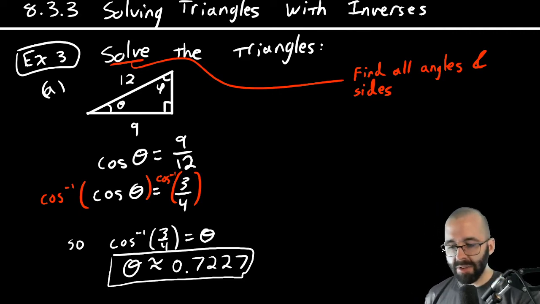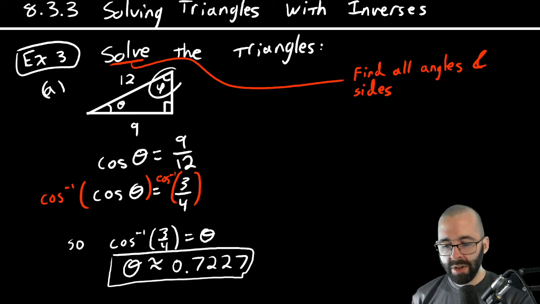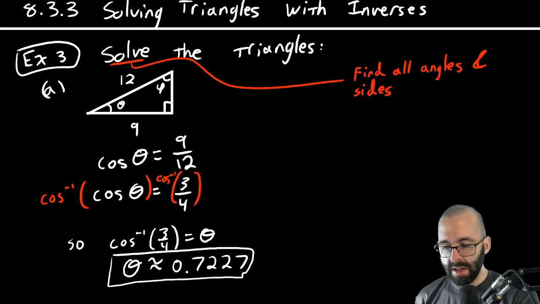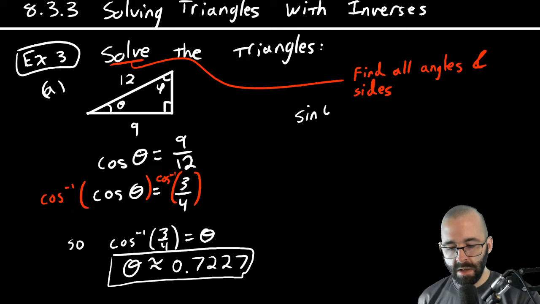And then we can do the same thing for phi, right? I want to do this angle, this side and this side. We'll look at the sine of phi. Because the sine of phi is opposite over hypotenuse, so it's also 9/12.